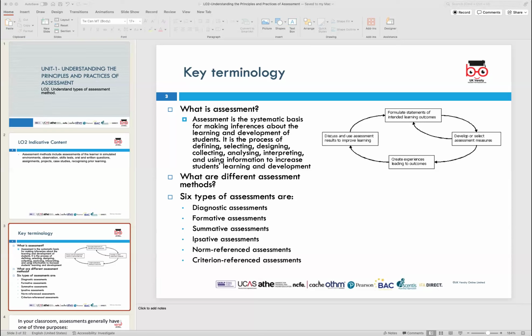Sometimes we see comparisons of your performance, the marks or grades you received, with the performance and marks of the overall class or overall year. That is where you would look at norm referenced assessment.